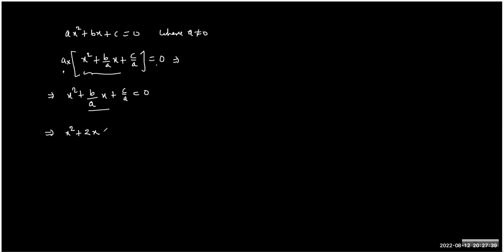So what we must start here, b. A square plus 2ab. What is b here? b by 2a, because eventually I cannot disturb the term. I have to just manipulate the term. So can we write bx by a as 2a into b by 2a?